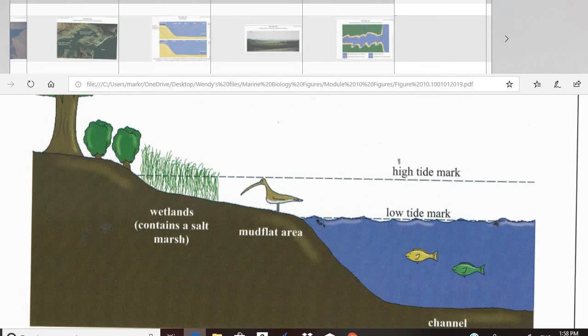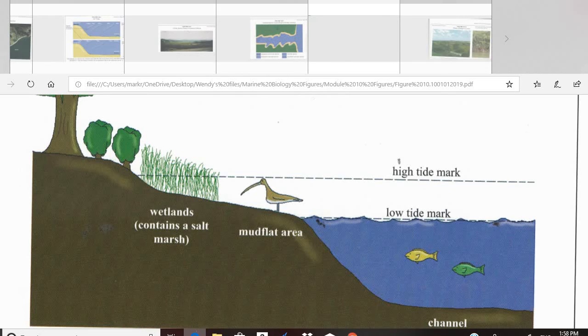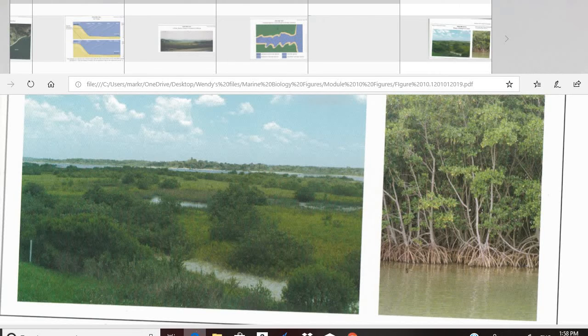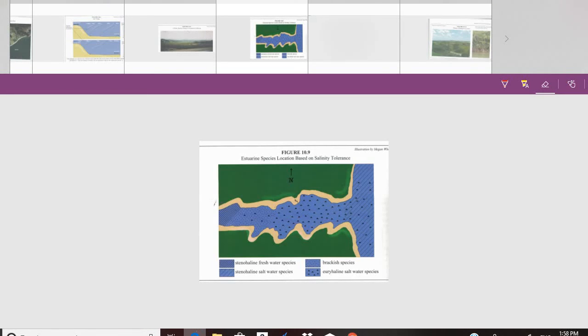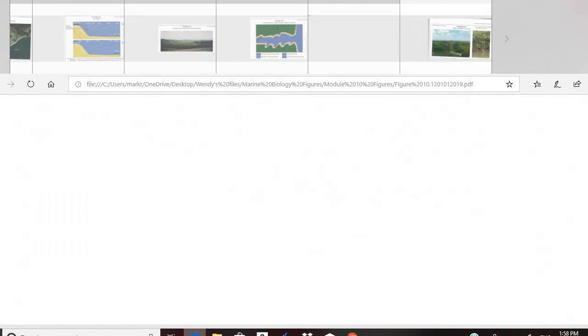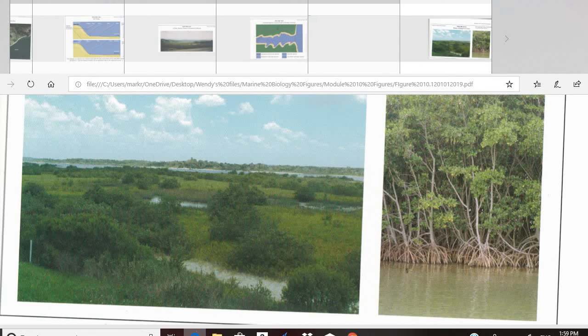So somewhere I have a picture of different beaks. Having trouble getting that up.